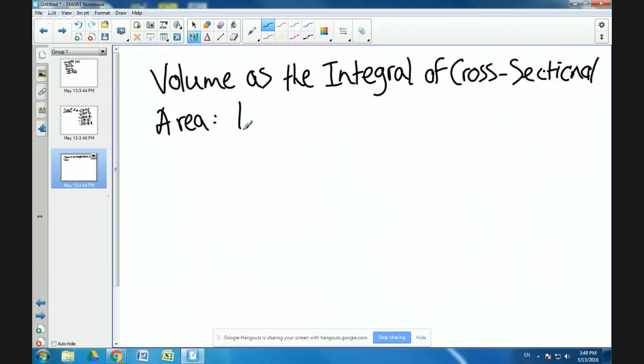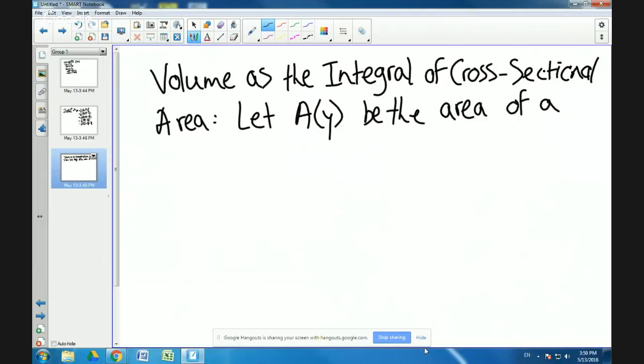Okay, what this says is that A of y, this is your area function with respect to y, the area of a horizontal cross section.